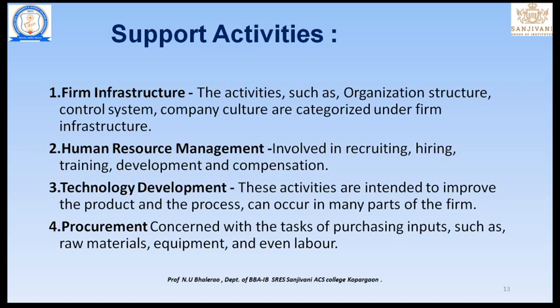Then the next one is support activities, which involve four important elements. First one is firm infrastructure. Activities such as organization structure, control system, and company culture are categorized under firm infrastructure. Students, supply chain management or value chain is not only about the primary topic, but we also focus on the support activities which help increase the value delivery system.